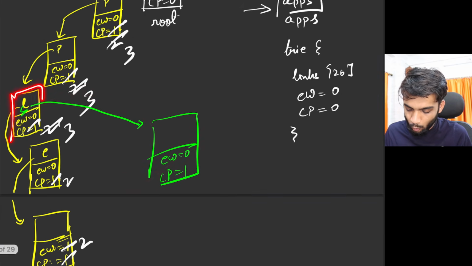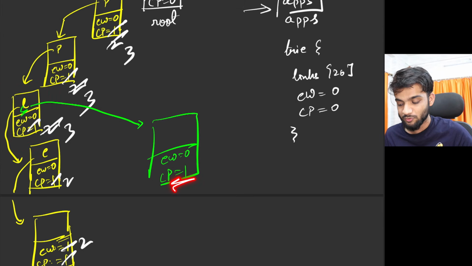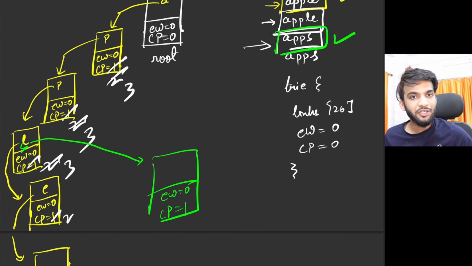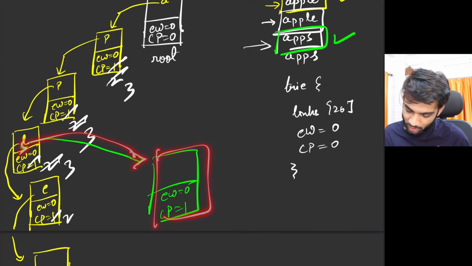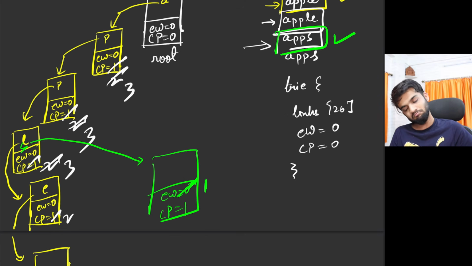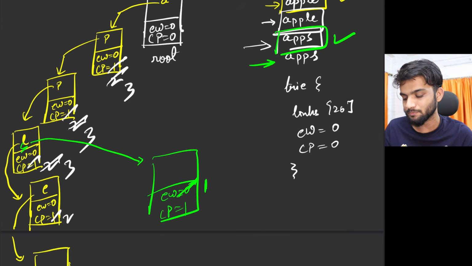There is someone with S, so count prefix as 1. Now I can say this word has been completely inserted. So it ends with S. S's try is this one. So make sure this has been changed to 1. Ending with will be changed to 1. Perfect.